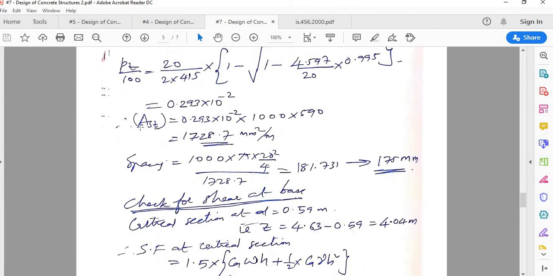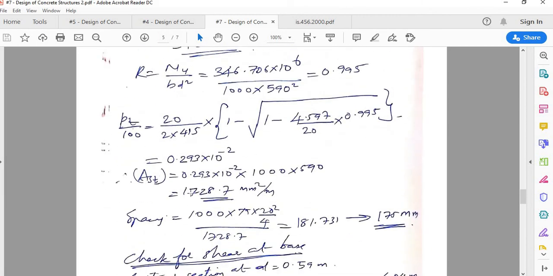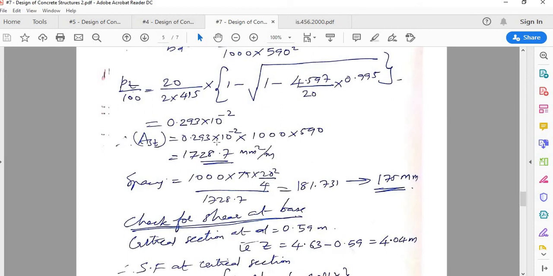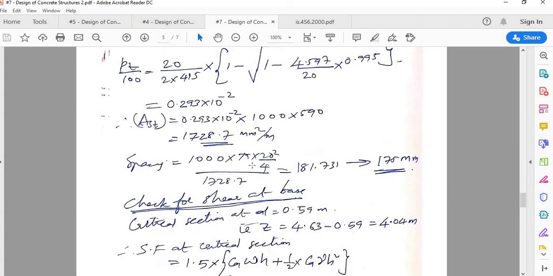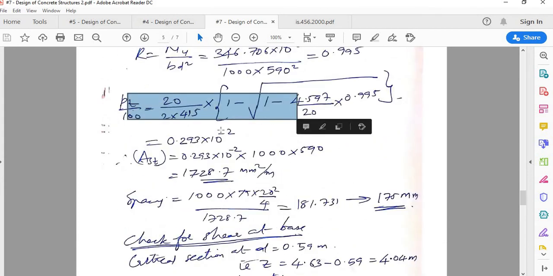Again we will first design for bending moment, find out Pt, Ast and spacing. So we find that we require a 20 dia bar at 175 mm spacing. Then with that Pt, we will check for shear.